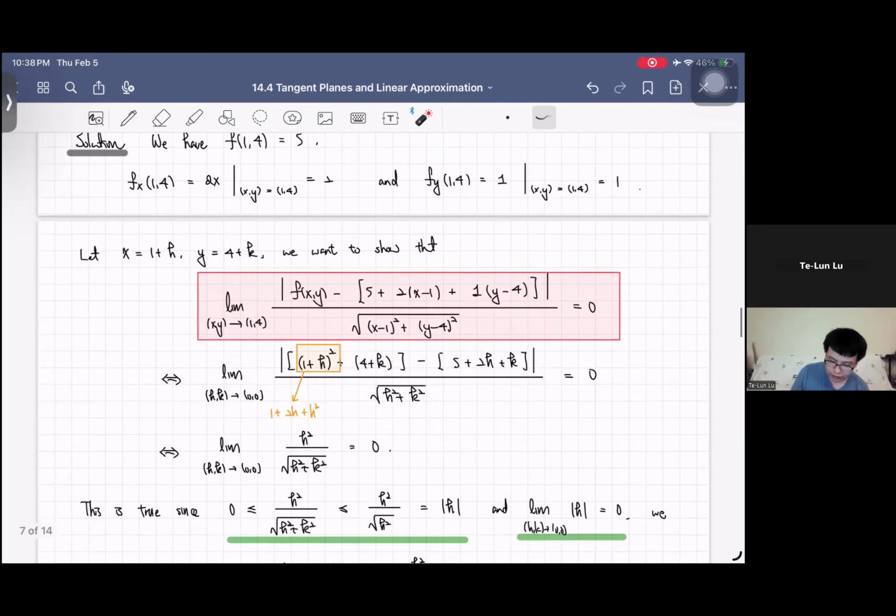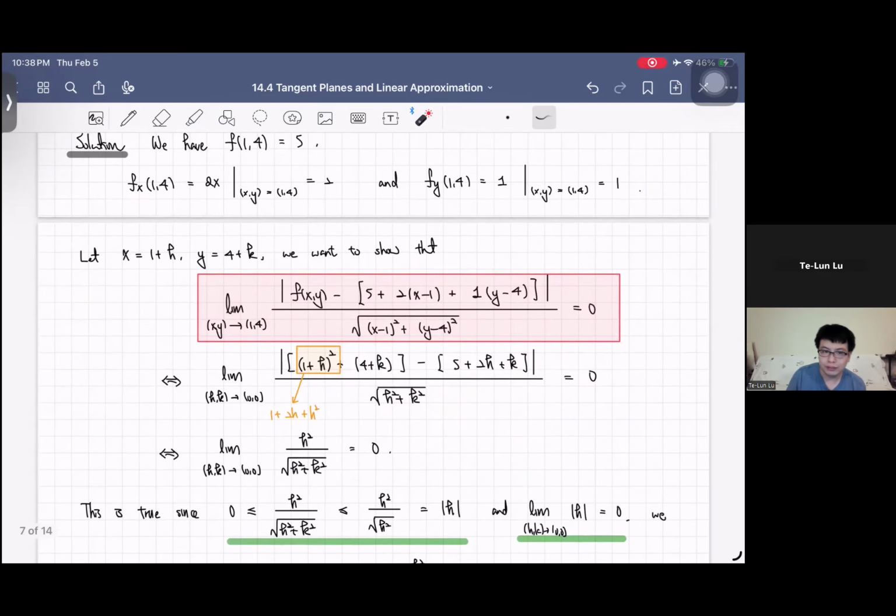And now we expand everything and be careful with the algebra. You see that this is simply 1 plus 2h plus h squared, right? That is foiling. So the 1 and 4 here, combining together, eliminate the 5 here. The 2h eliminates the 2h, that's good. The k eliminates the k, so the only thing remaining in the numerator is h squared.